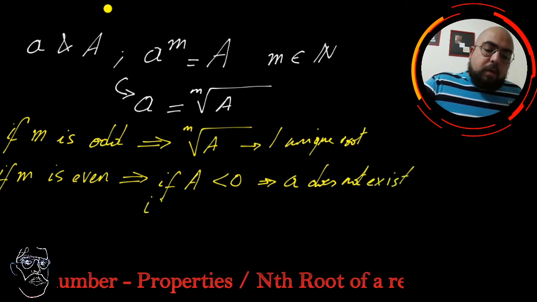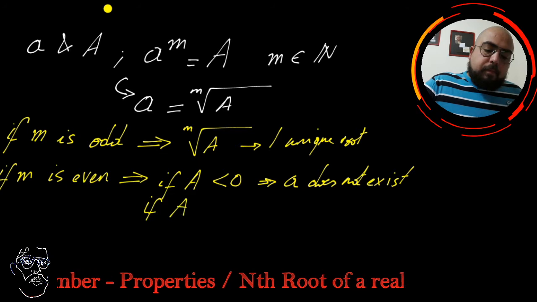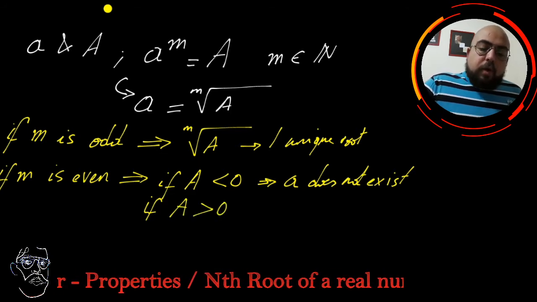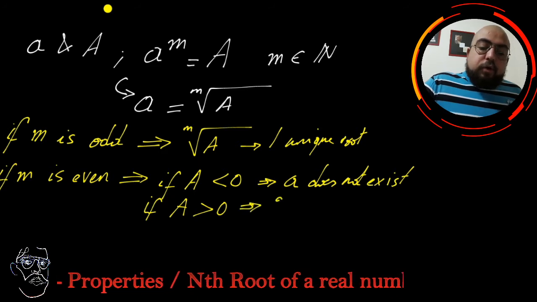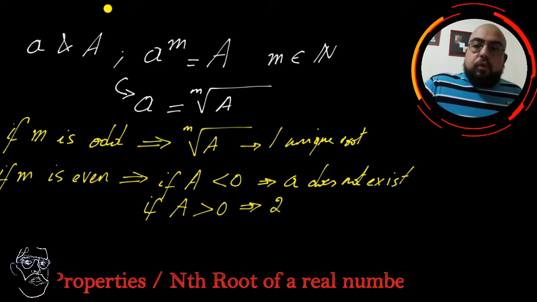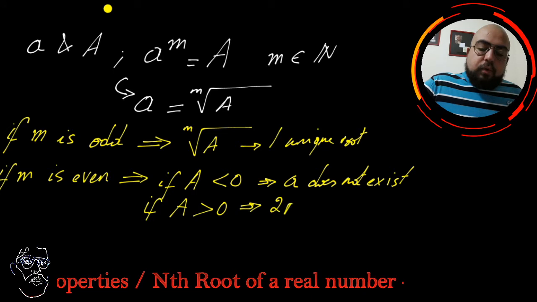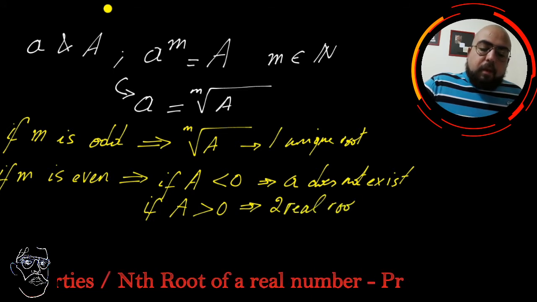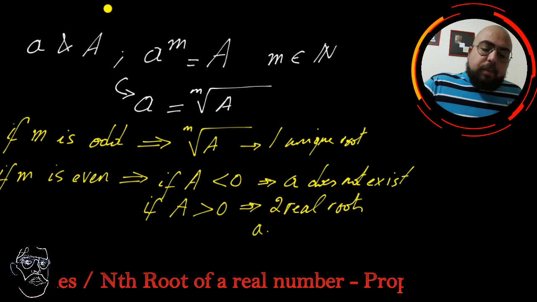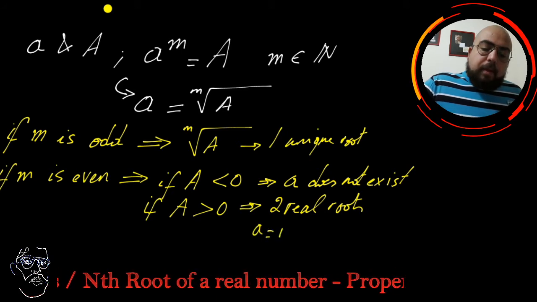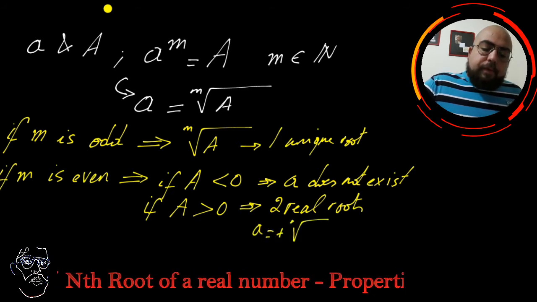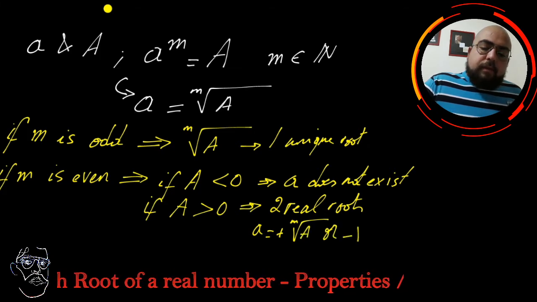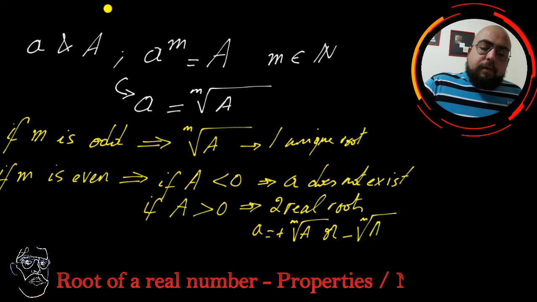Now if A is positive, you have two real roots. Now in this case a will be equal to the positive mth root of A or the negative mth root of A.